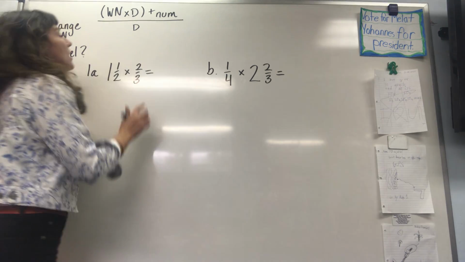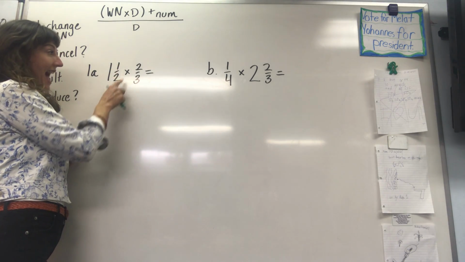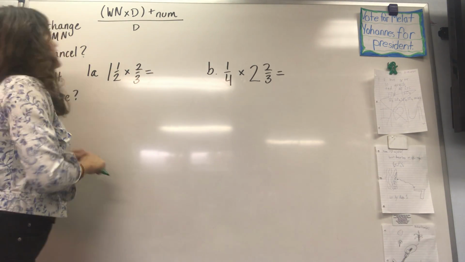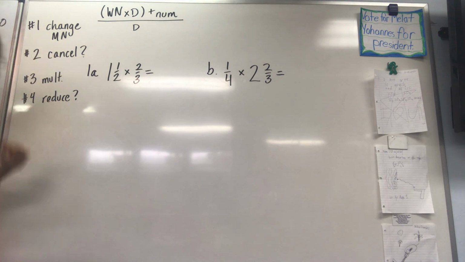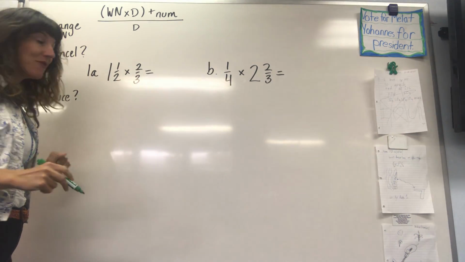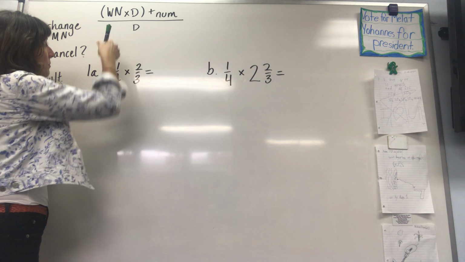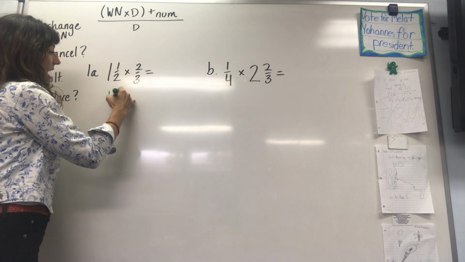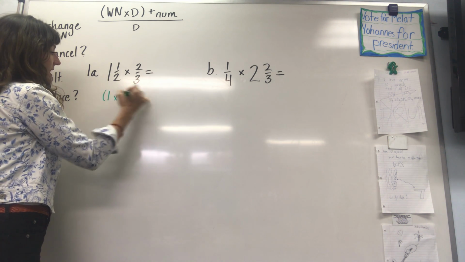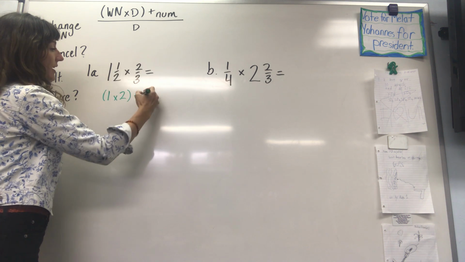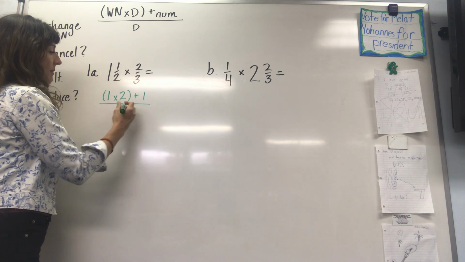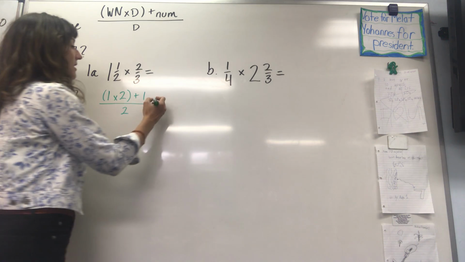Here we go. 1 1/2 times 2/3. Step number 1, change my mixed number using my formula. I multiply my whole number times my denominator in parentheses. Add the numerator all over my denominator, okay?